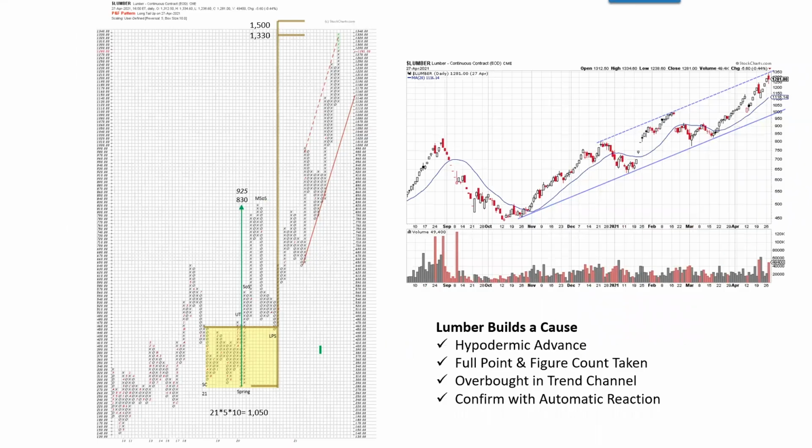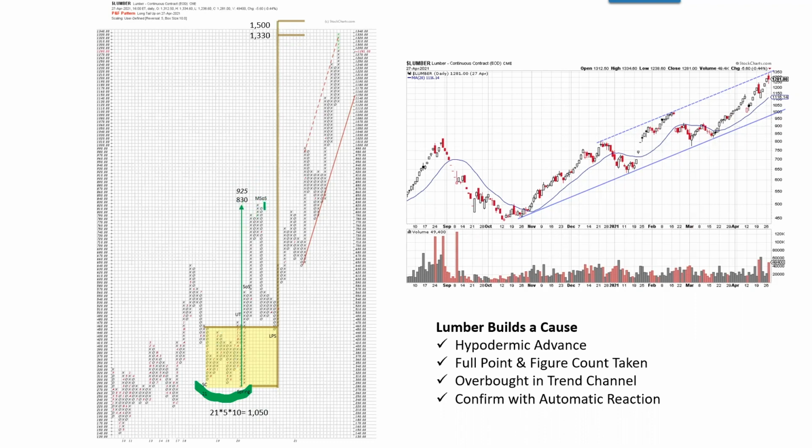So let's just do that. So here's a small count here. This count, and small, I mean, it's really rather large. This count goes up to 830, and then we take that midpoint of the range here, which gives us 925. That's our objective range for the point and figure.